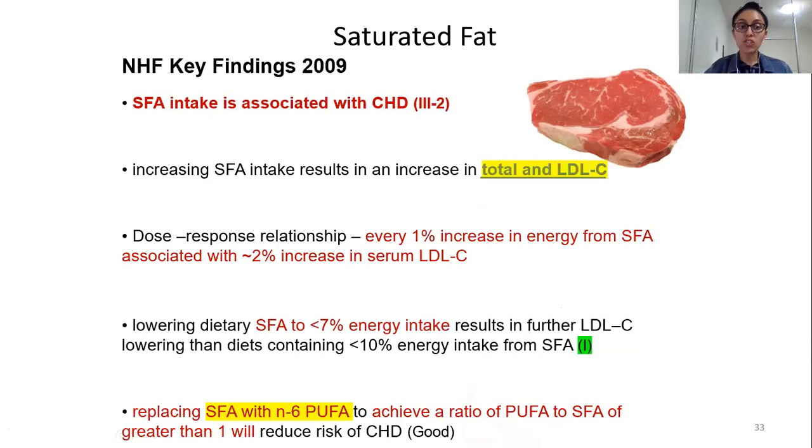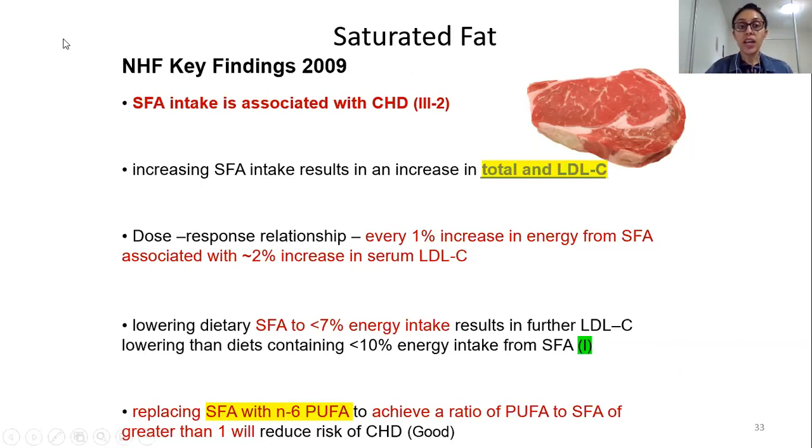It says that when you consume less than 7% of total caloric intake as saturated fat, it has been shown to decrease your LDL cholesterol levels, which is your bad cholesterol. So that is the big finding: if you restrict saturated fats to less than 7% of your total energy intake, there's level 1 evidence that this will decrease your bad cholesterol, LDL.